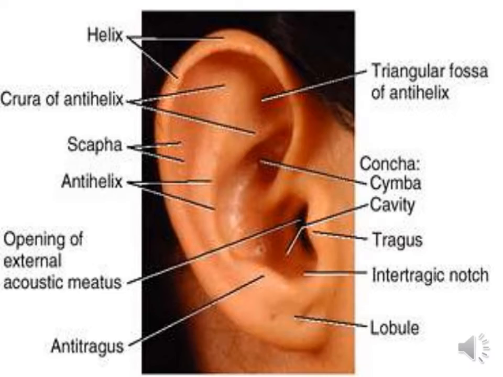Below the helix we have the antitragus and lobule, and inside, in front of the external acoustic meatus, we have the intertragic notch, and posterior to it the tragus.